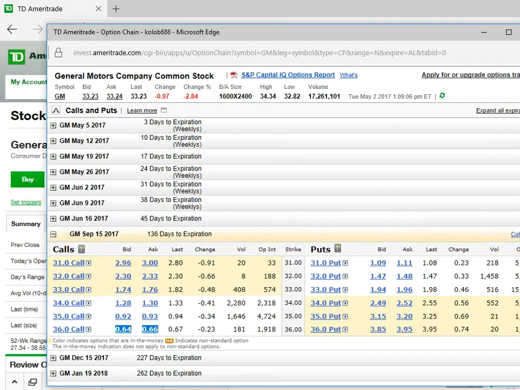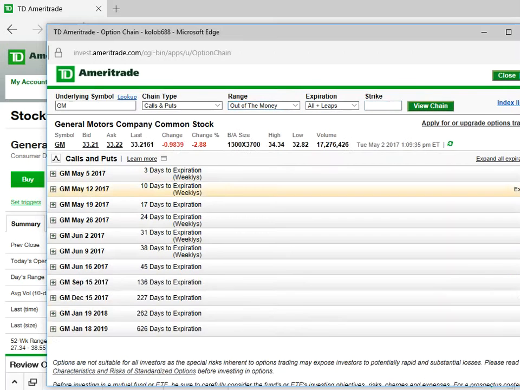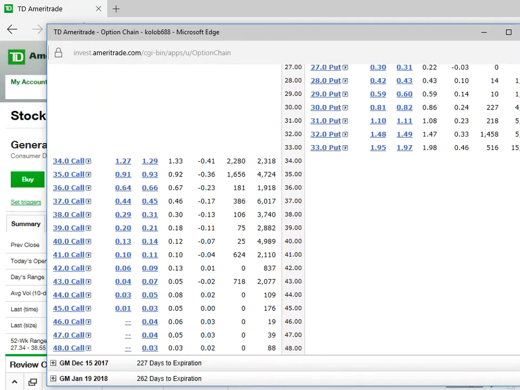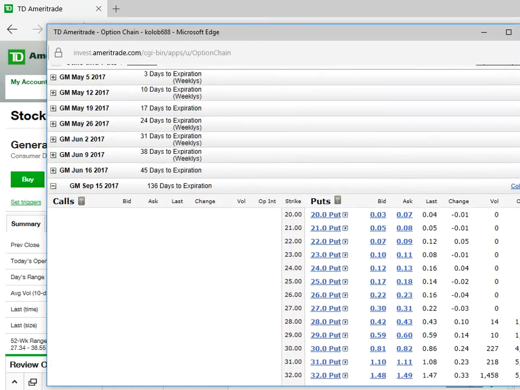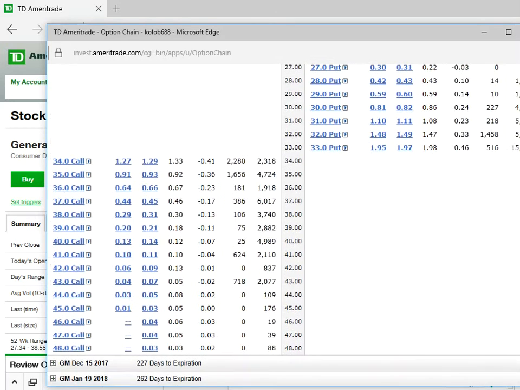If the price of General Motors goes above $36, like let me go to these out of the monies here, if it goes up to $37 or $38, let's say, right now it's at $33.21. The market's open, so it's changing up and down like stocks like to do.